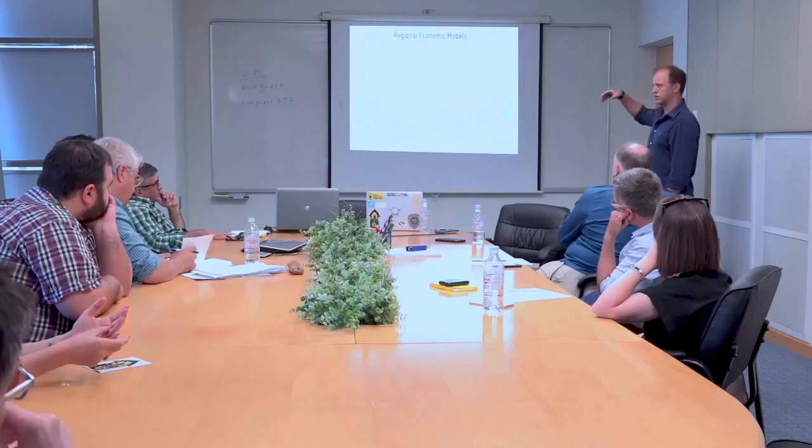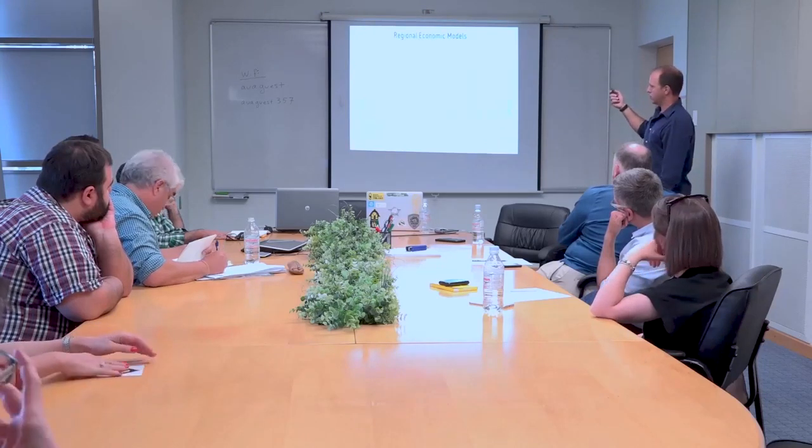You have some initiatives doing I/O tables for Armenia at the national level. I don't know if you already have some coefficients and multipliers. We're not there yet. But there is a lot of literature on how to develop those coefficients and multipliers, and if you want to do some work together, we can help you develop those multipliers.